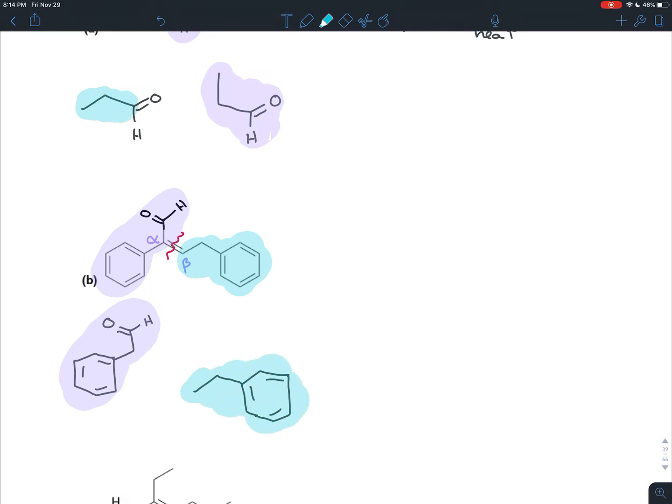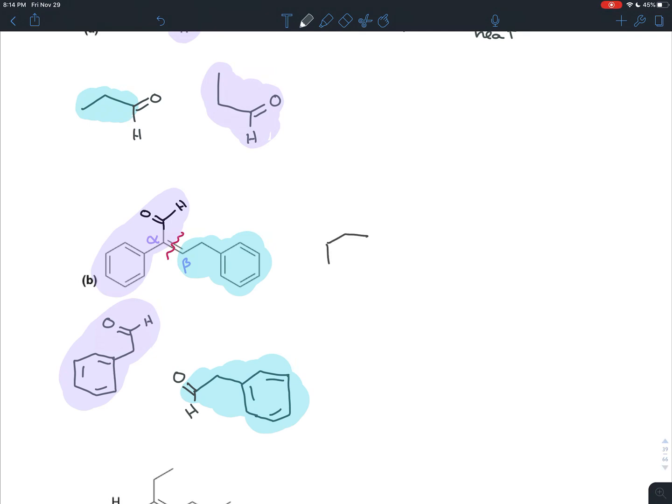Now, one of these has a carbonyl already. The one that doesn't is the one you want to draw the carbonyl on, and the carbonyl will go where the double bond was. And notice this still needs a bond there, so it's to an implied hydrogen. And you'll notice these are both the same molecule. Both the purple and the blue are the same molecule here.